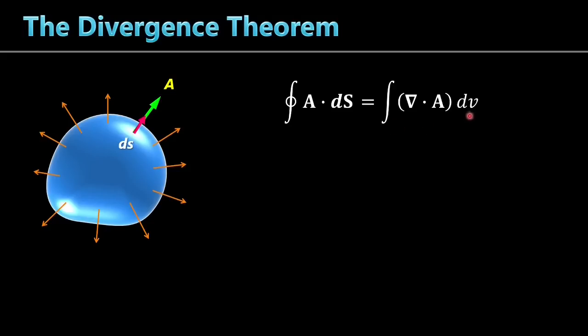Kasi div ito. So this means triple integration ito. Yun palang surface integral ng vector, kung sarado or closed ang surface, equal din sa volume integral ng divergence ng vector na yon.